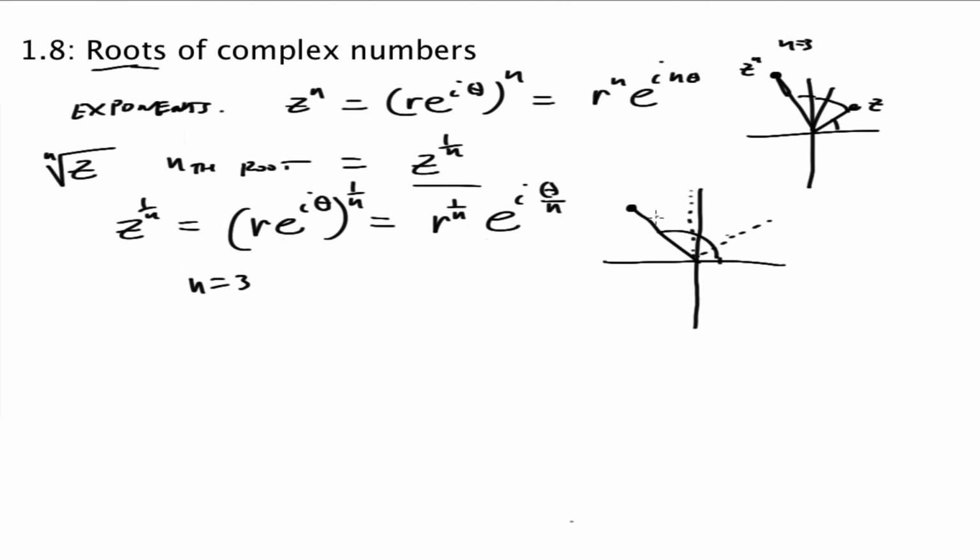So now we're going to shrink it by a third, taking it to a third of its value. So it'll be there, and that would be z to the 1 over 3. Okay, so that's an example of what happens visually with roots.